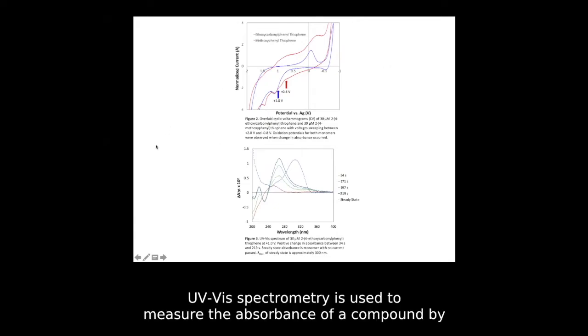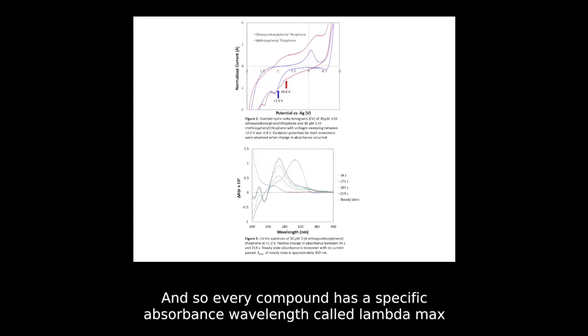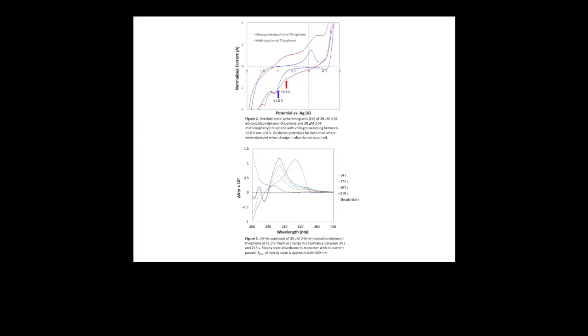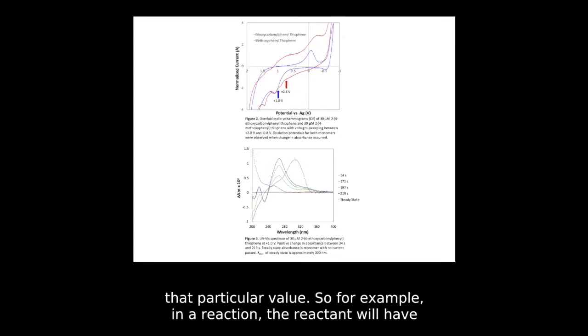UV vis spectrometry is used to measure the absorbance of a compound by shining UV light on it, which has more energy than visible light. And so every compound has a specific absorbance wavelength called lambda max. And so it will show up as a peak on the spectrum at that particular value.